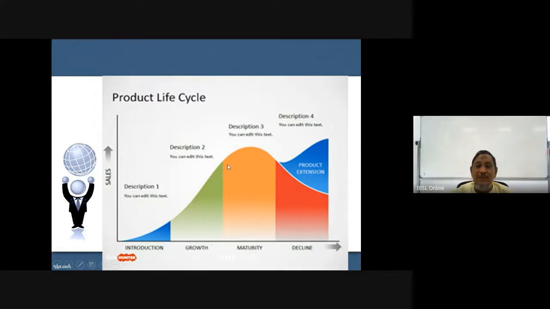When it comes to this level, the growth is not that fast, it comes to maturity and starts declining. And then over a period of declining, the business will collapse thereafter.